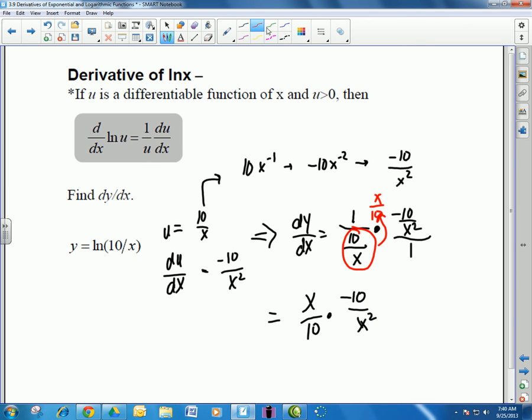And here's where you can simplify some things, like this x disappears, becomes a 1, and this becomes an x to the first, this becomes a negative 1, and this becomes a 1. So you're left with just negative 1 over x. And then that's our derivative. Okay, so that's for the natural log function.